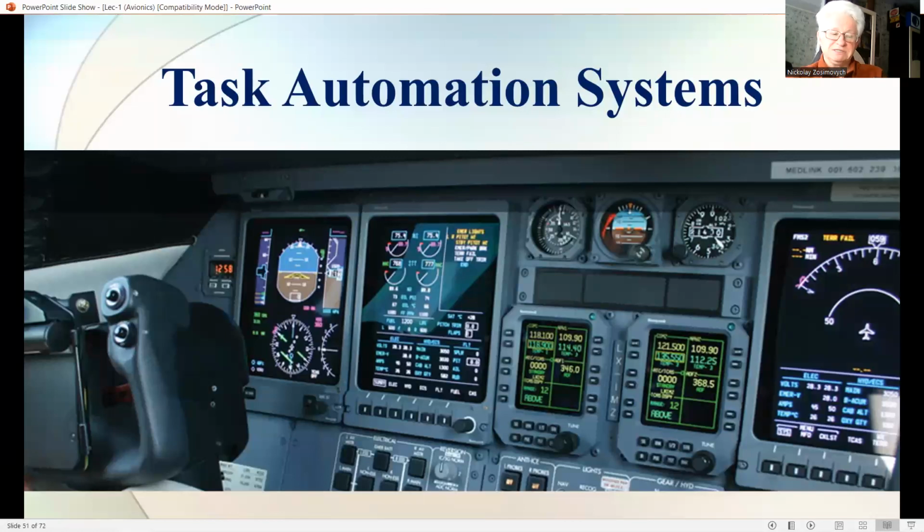Task automation systems. These comprise the systems which reduce the crew workload and enable minimum crew operations by automating and managing as many tasks as appropriate, so that the crew role is a supervisory management function.